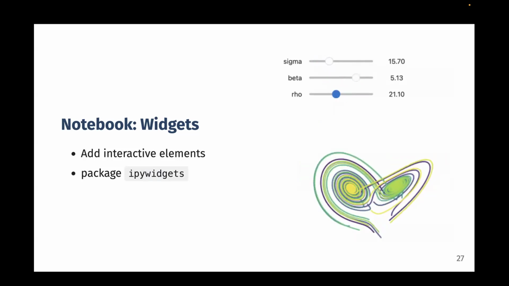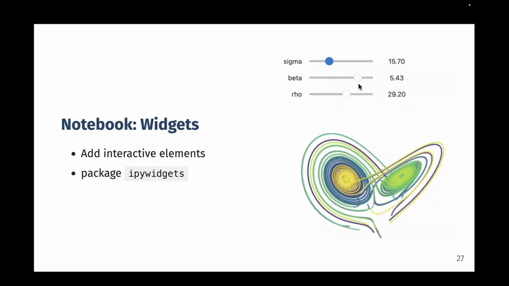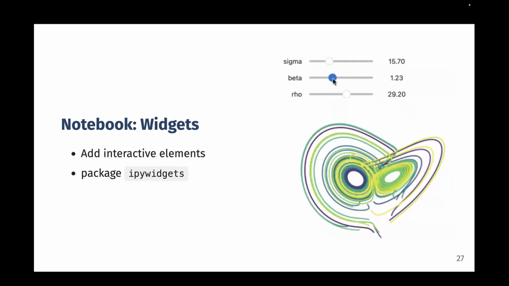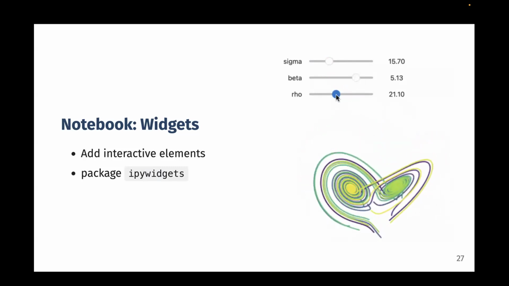And the IPyWidgets docs, which is included in that Jupyter package we installed, is quite good, and it shows you easily how you can get up and running with these slider widgets very quickly.